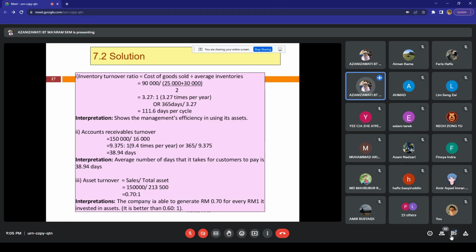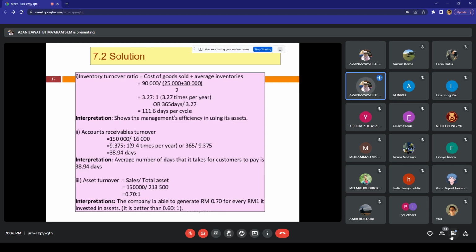So when you divide 365 by 9.375, you get 38.94. So that is the average day for the customer to pay your sales. Okay, so that is the accounts receivable turnover.